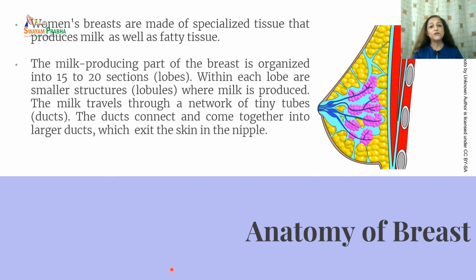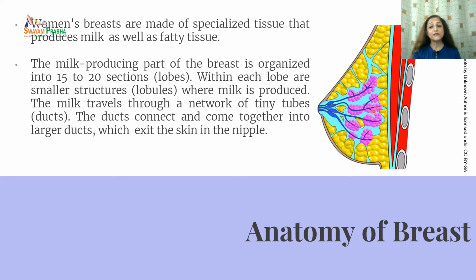The milk producing part of the breast which contains these glandular tissues, we call lobes. It is divided into around 15 to 20 sections, and each lobe has certain smaller structures. We call them lobules. It is in the lobules where the milk is produced.